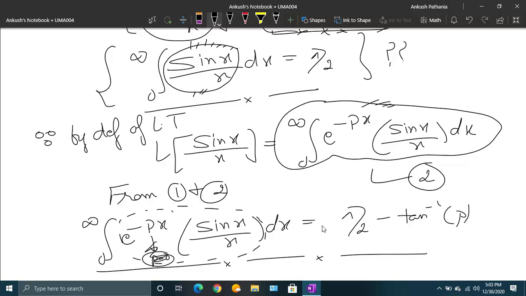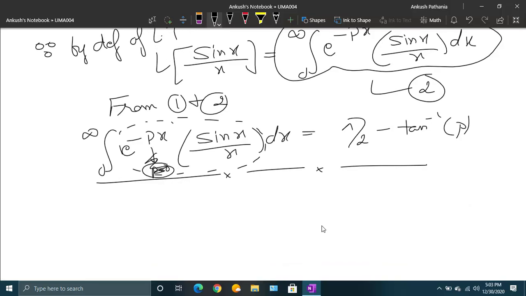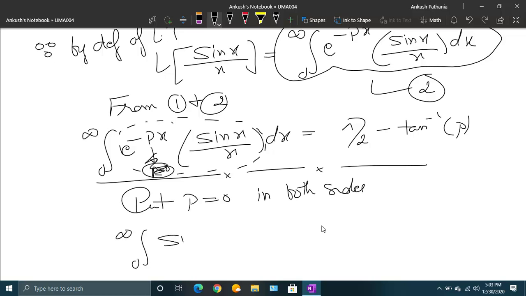So in order to get the desired integral value that he is asking, put p equal to 0 on both sides. What we will get is the integral from 0 to infinity of sin x upon x dx is equal to pi by 2 minus tan inverse 0. E raised to power naught is 1.